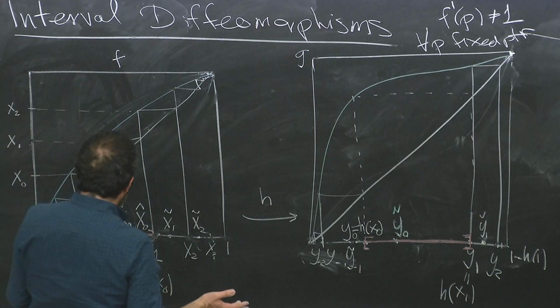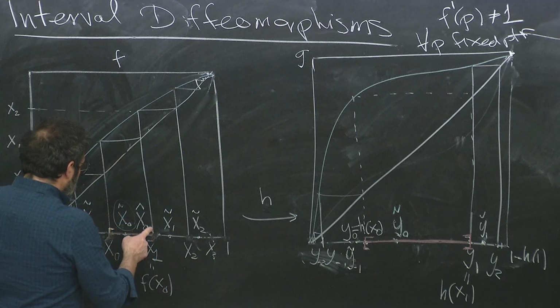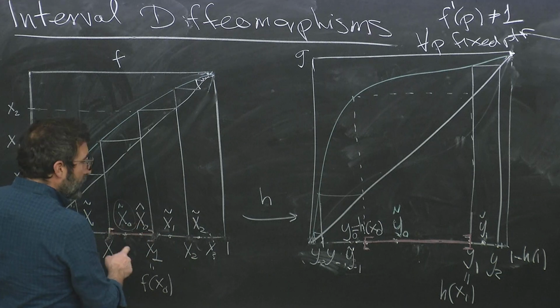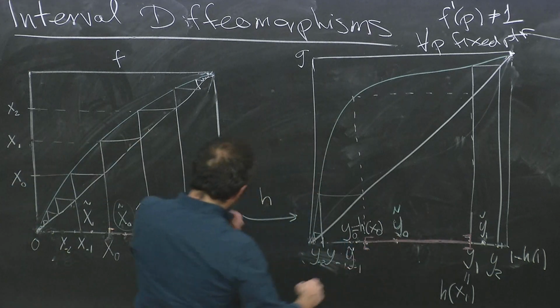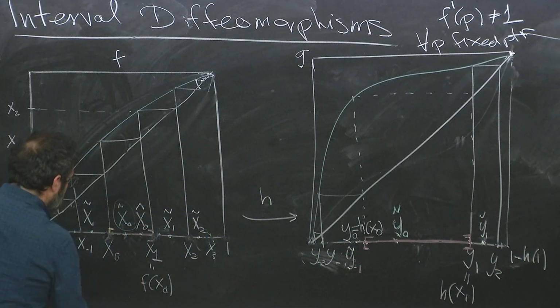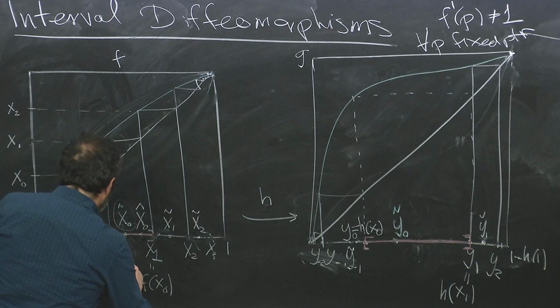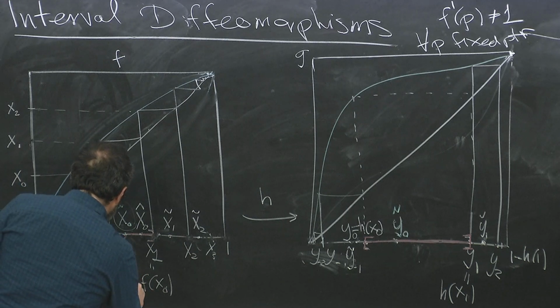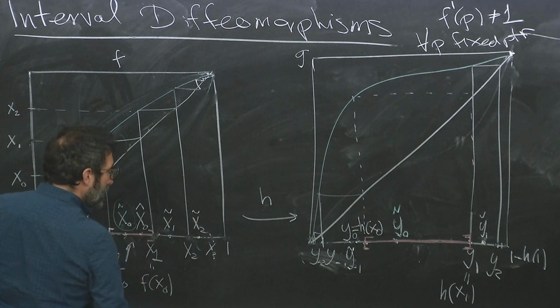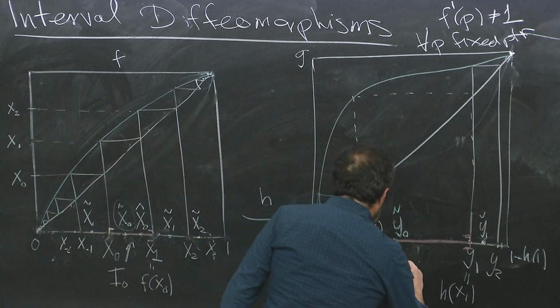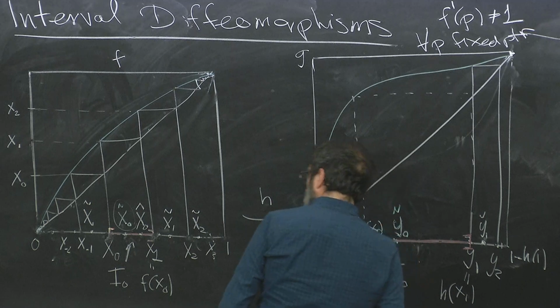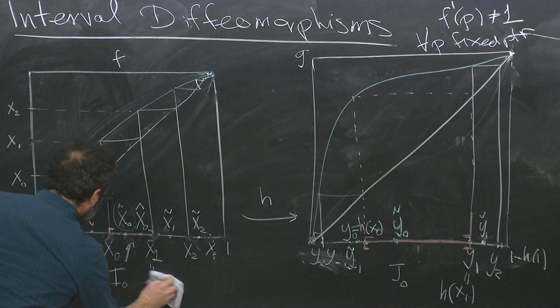Well, it's easy. All I need to do is map all of these points to this interval here. So let me call this interval here I0, and this interval here, let me call it J0.